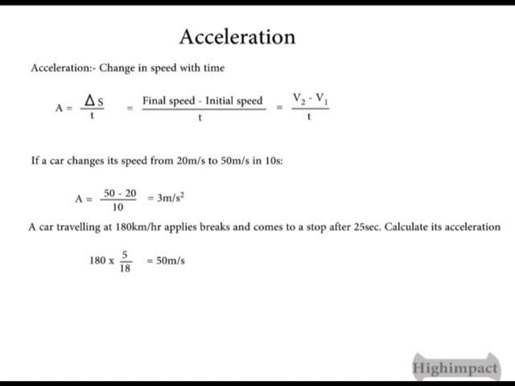Initial speed is 50 meters per second and final speed is 0 meters per second. So acceleration is equal to 0 minus 50 over 25, which gives us minus 2 meters per second squared. And so the car was decelerating or retarding.